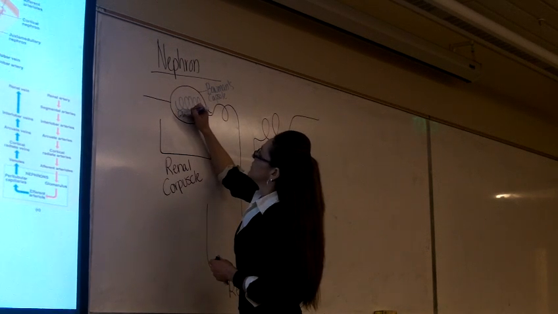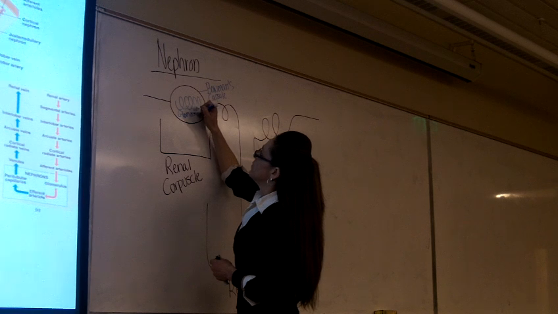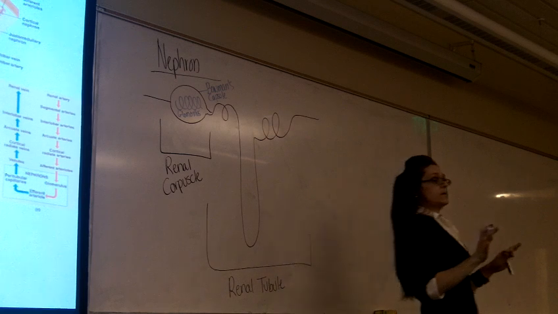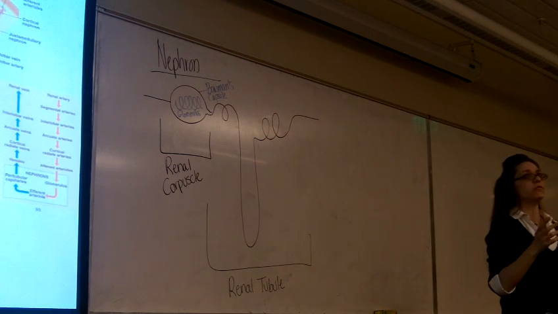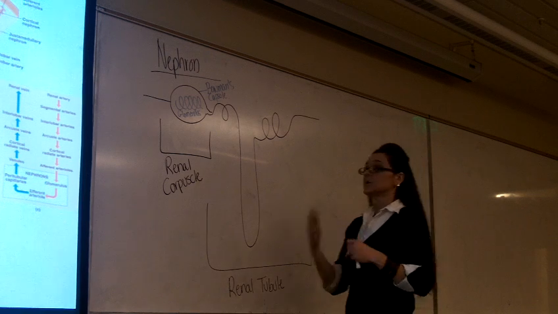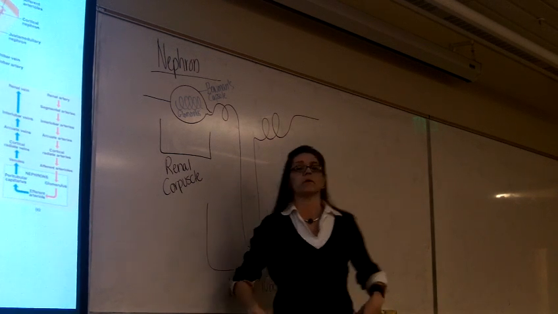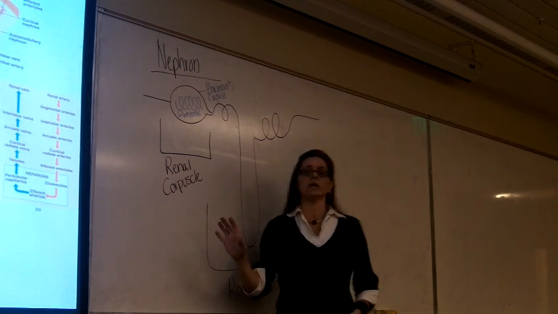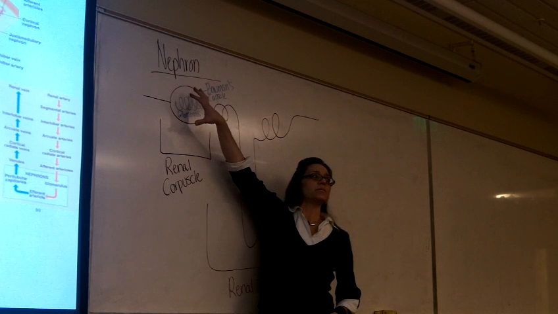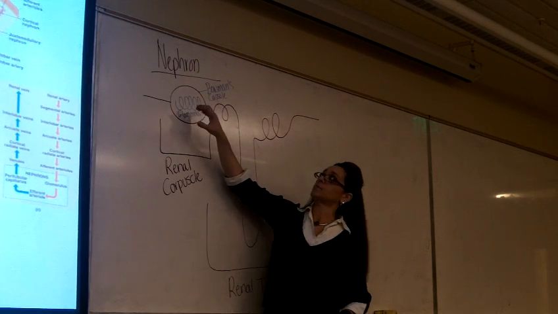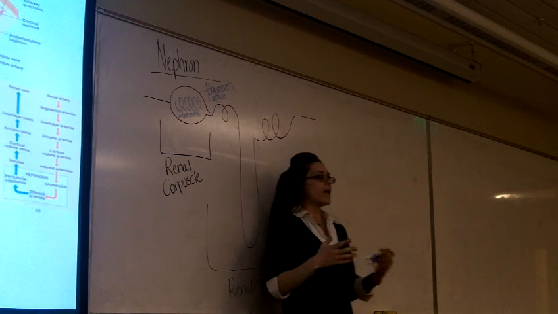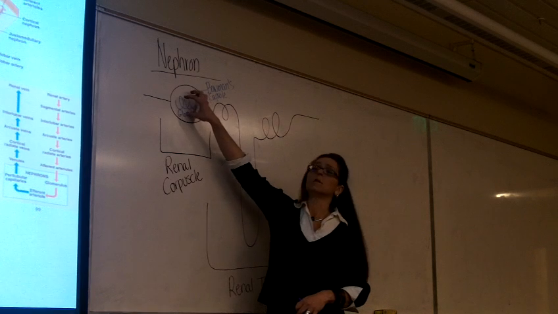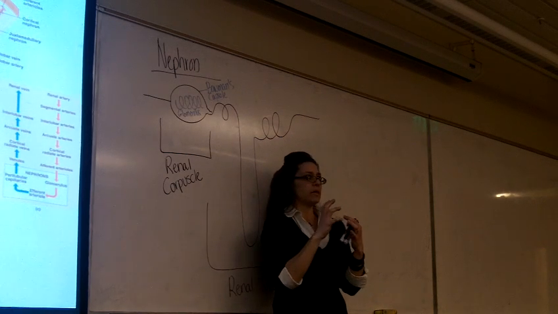And those capillaries have a special name. They're called the glomerulus. But they're just capillaries, like the capillaries we talked about before, and they're going to have some special features that we'll discuss. So the renal corpuscle is the first part of the nephron. It consists of Bowman's capsule, and inside of that capsule is a space called the capsule space or Bowman's space, and the glomerulus, this mass of capillaries.